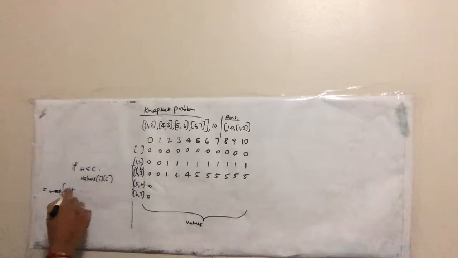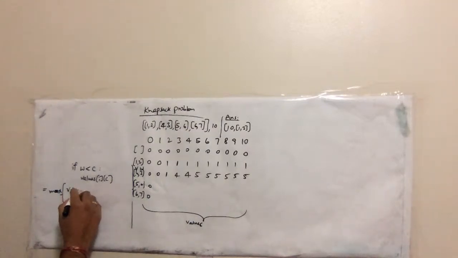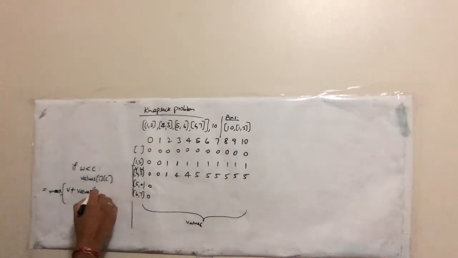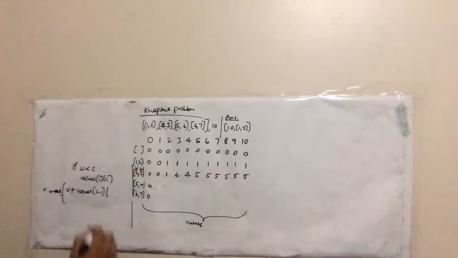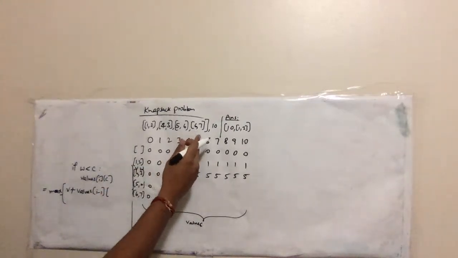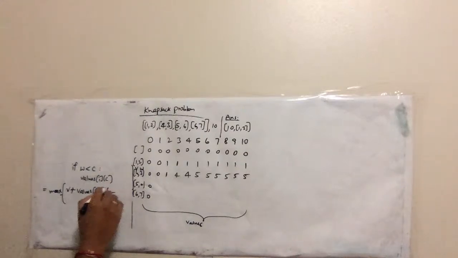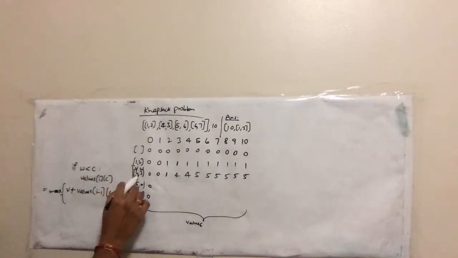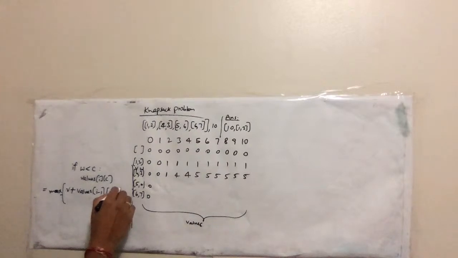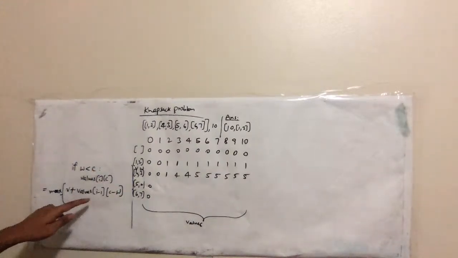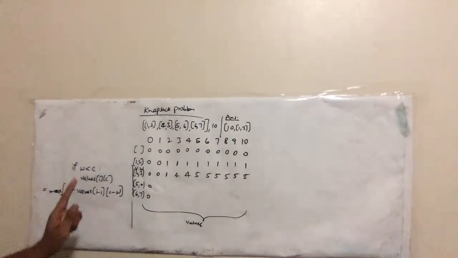So we are adding value plus values of i minus 1 row, and we are subtracting c minus the weight, right? So this is what is happening. So this is one possibility.